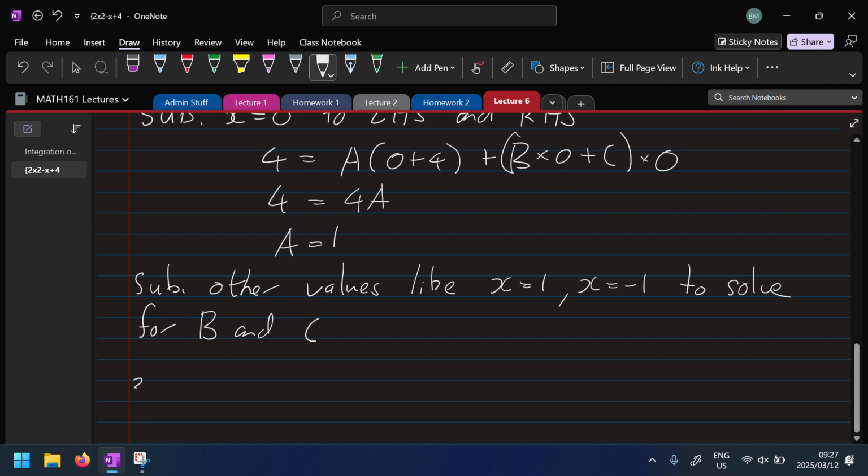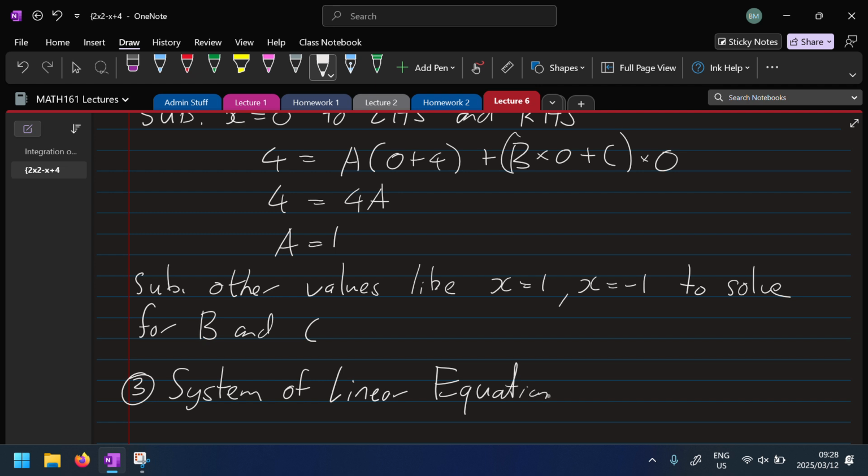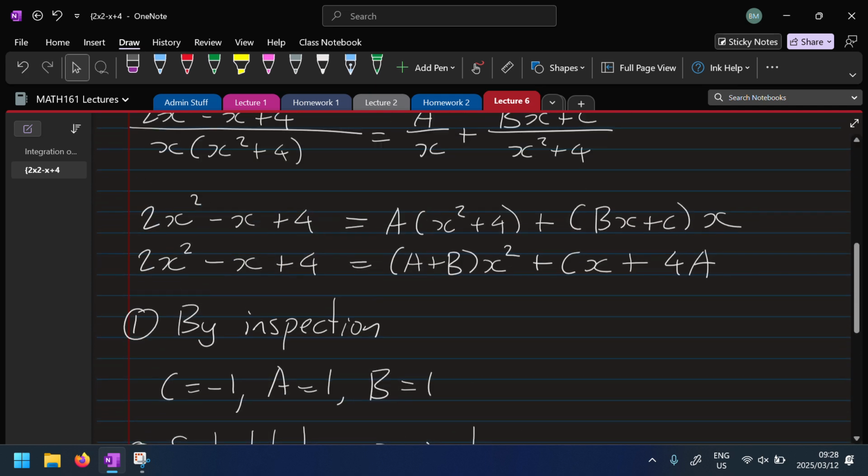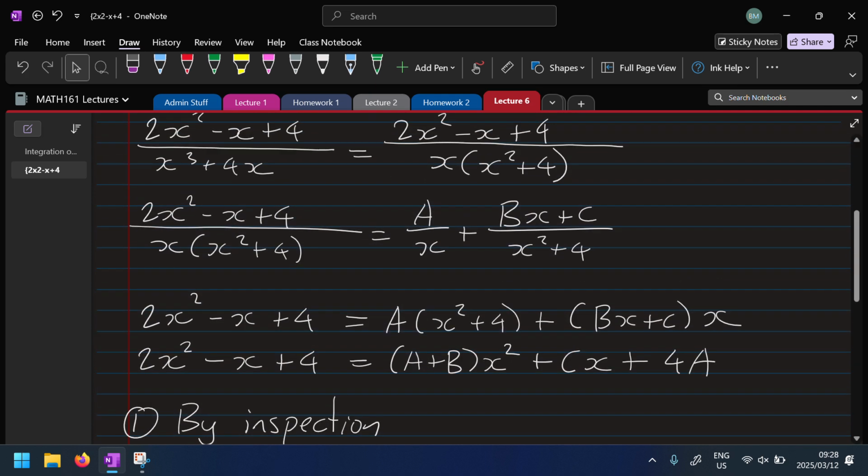Okay, and then step 3 is with a system of linear equations. You've heard that before? Good old Math 132. We want to take this system of equations and end up with 3 equations for the 3 unknowns.